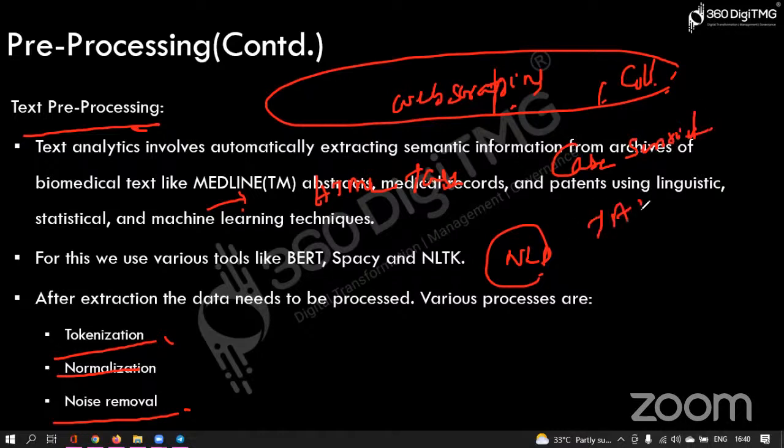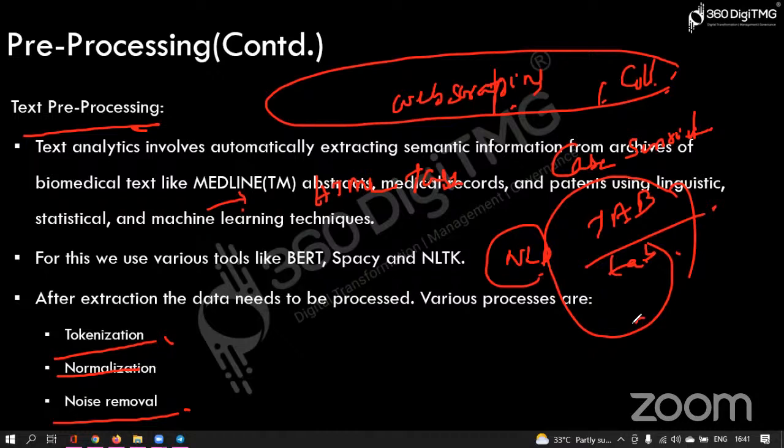Let's say 'Tab' and 'tab' - it will consider both as different words. So when you collect data, it might have uppercase letters, which will be considered as different cases. And you might have different numbers. In order to apply the algorithm, we have to clean all this data.